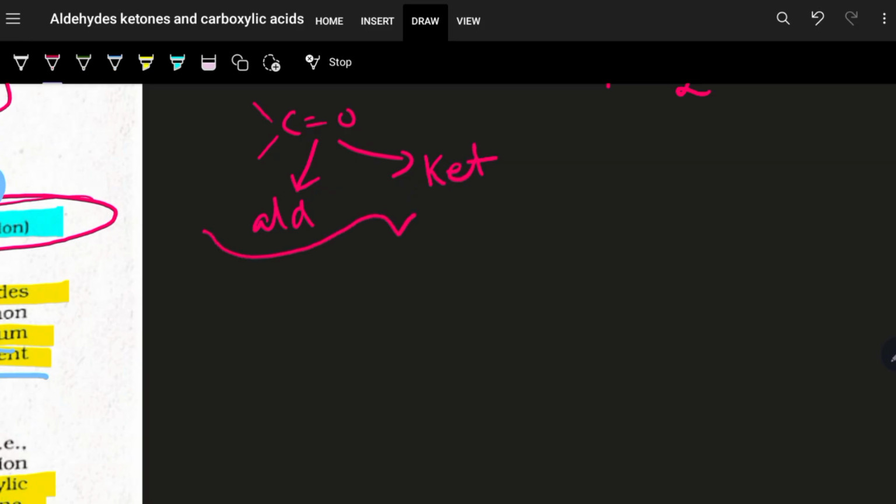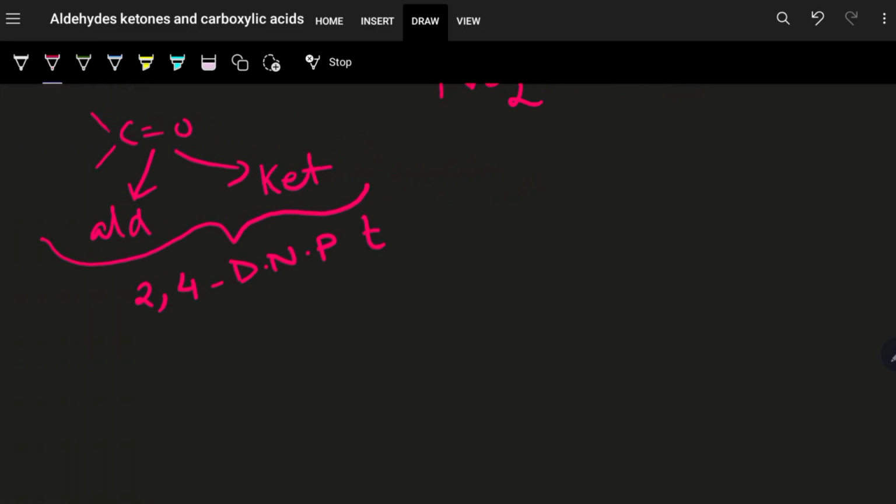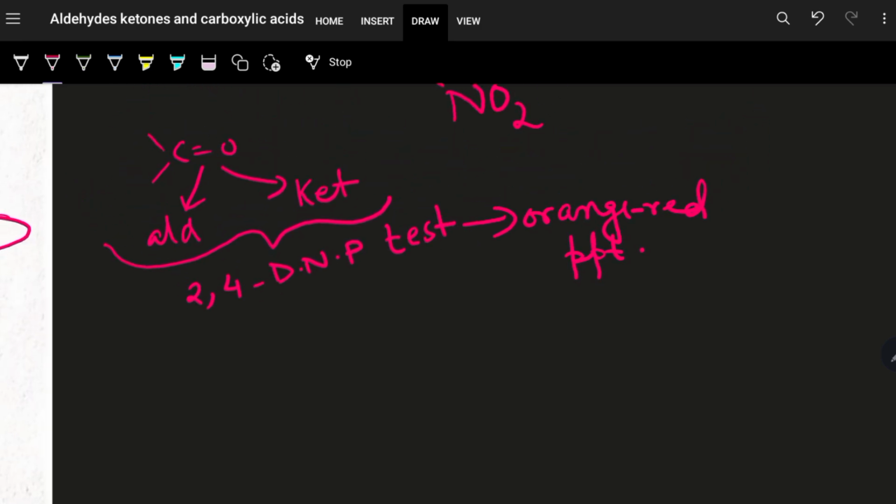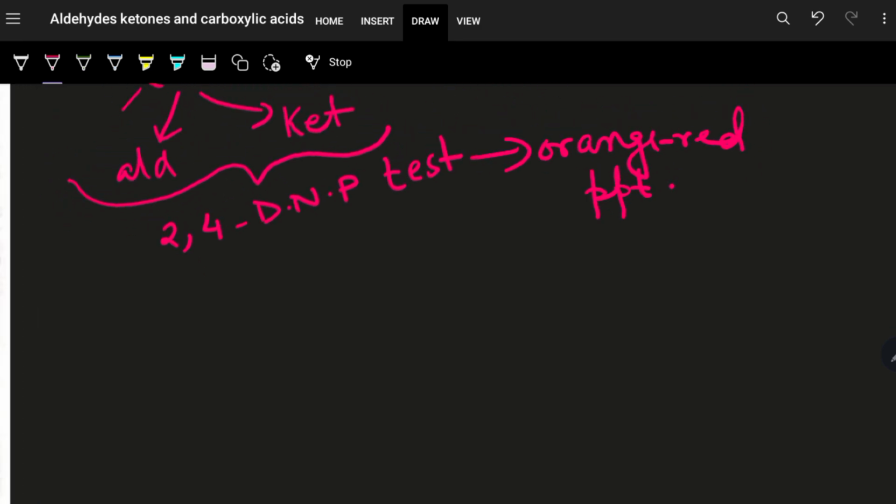Aldehydes and ketones collectively give the 2,4 DNP test, and in this test they will give you an orange red precipitate. But then how will you know whether you have an aldehyde or ketone?